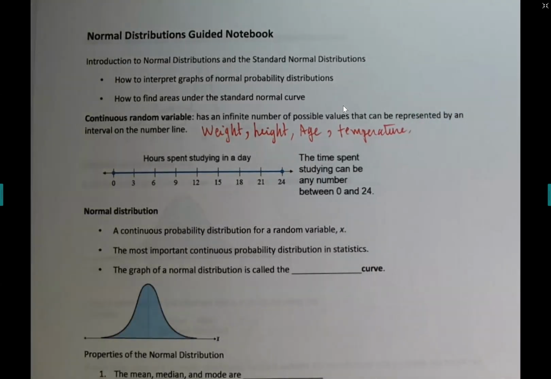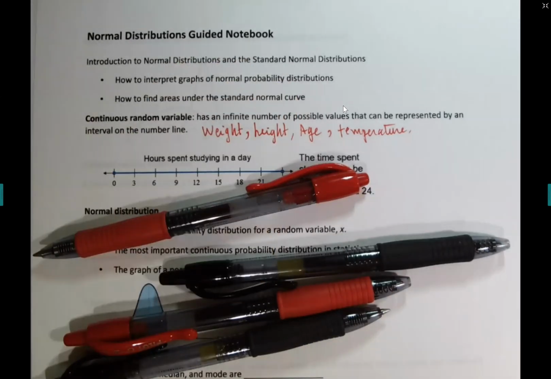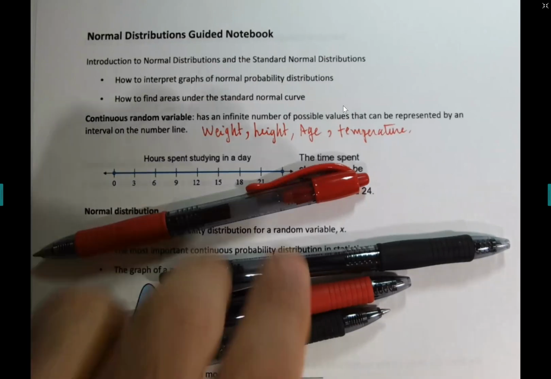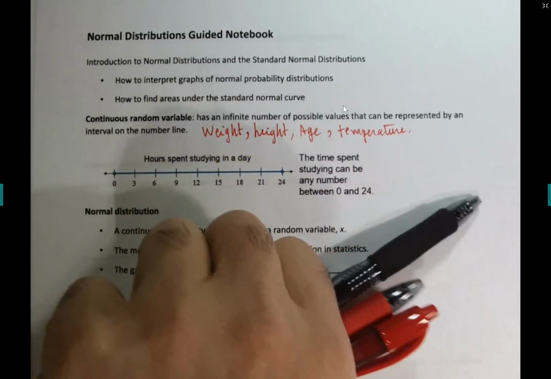But the number of pens that I have on my table today, that's not continuous because I can count them. 1, 2, 3, 4. I can't have 4.5 pens or 5.5 or 5.25. If you know that you can have a decimal, that means it is continuous. If you know that you cannot have a decimal, then it is discrete. And again, we're not as interested in discrete. It's only the continuous case.